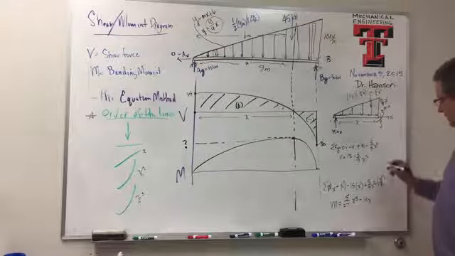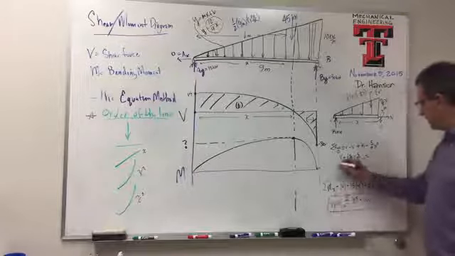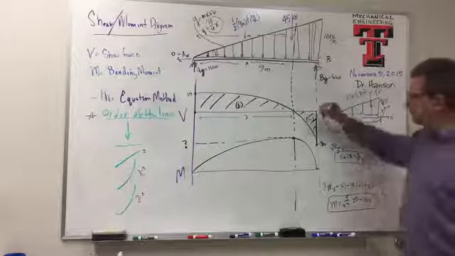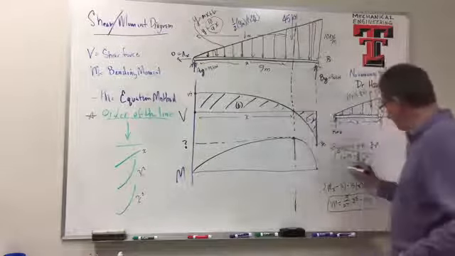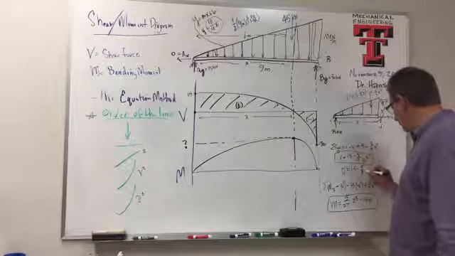So how do I solve this? I have an equation for M and an equation for V. At the point where the moment is maximum, V is 0, isn't it? So 0 equals 15 minus 5 ninths x squared.